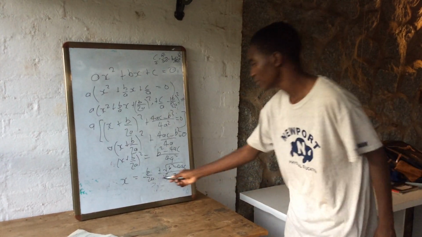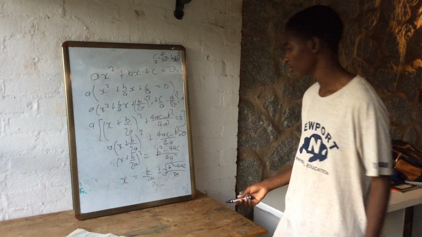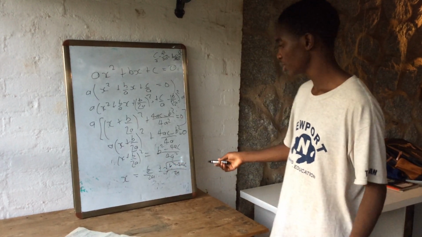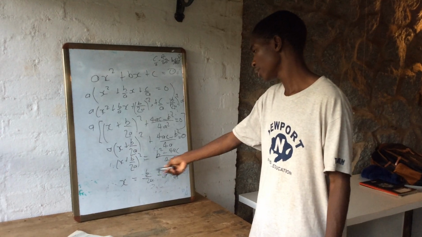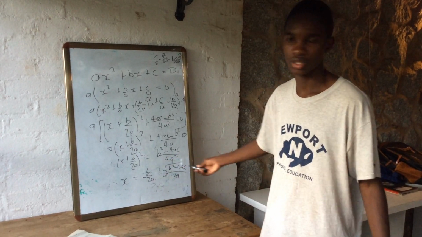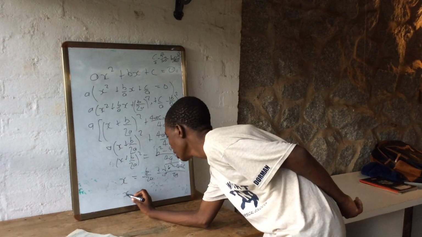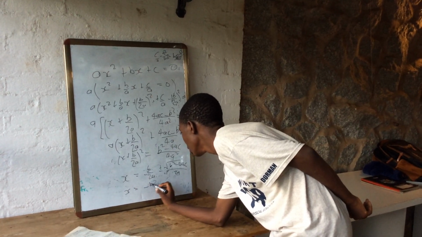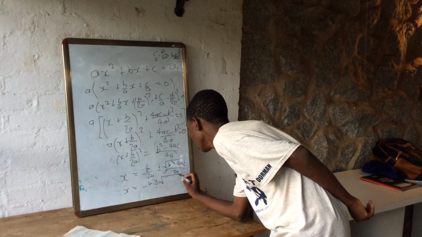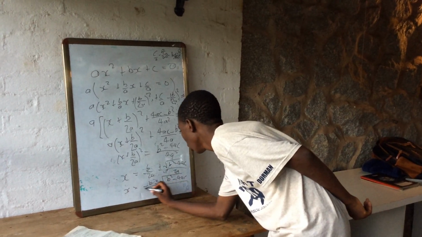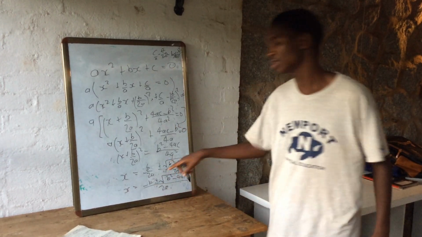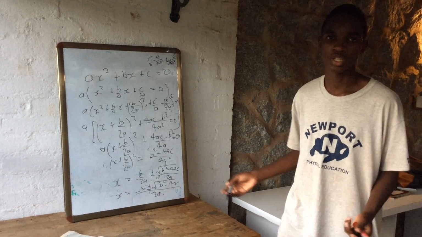And you see this term and this term have the same denominator, so what does it mean when we have the same denominator? It means that we can put together the numerators. So let's say our x equals minus b plus or minus the square root of b squared minus 4ac all over 2a. This is the quadratic formula which you see in books.